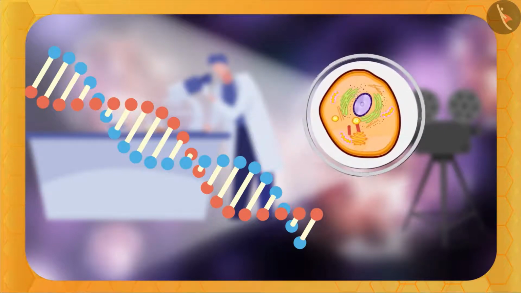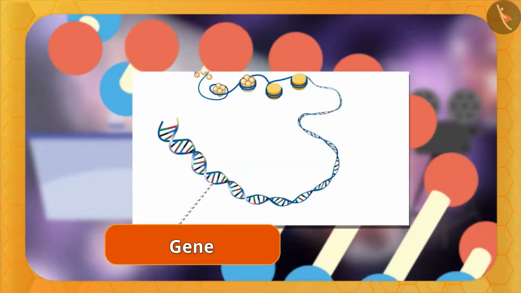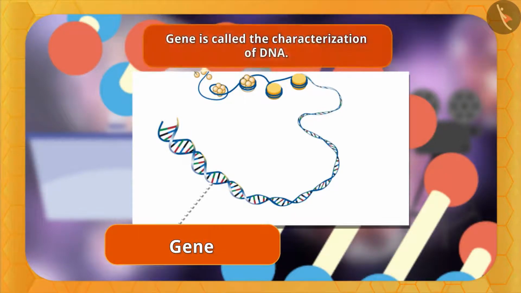So, it can be said that the DNA molecule contains the necessary information about the structure, formation, and organization of the cell. The information that is in DNA is called gene. That is, gene is called the characterization of DNA.